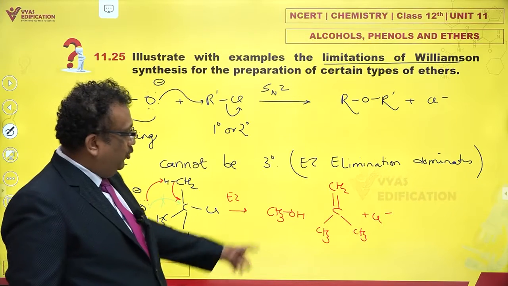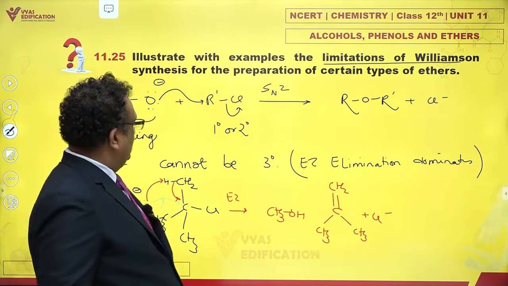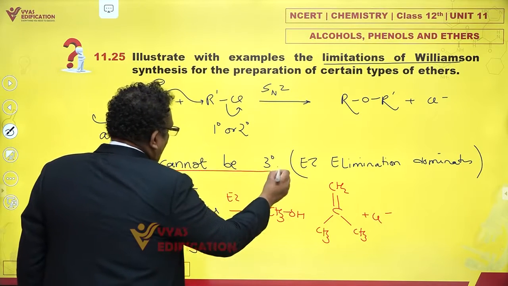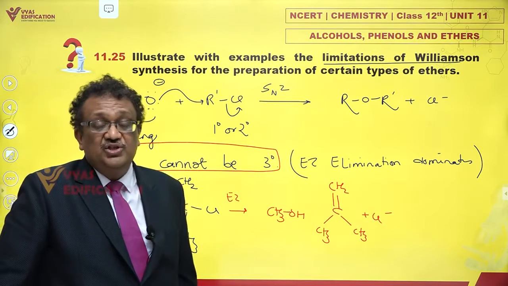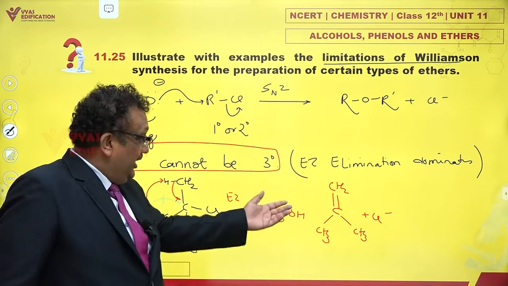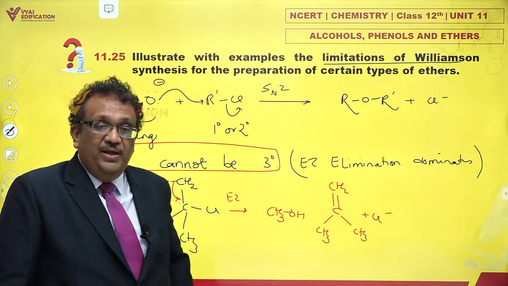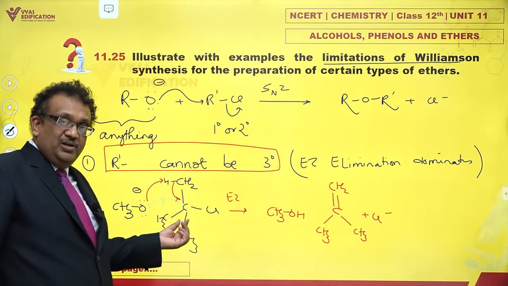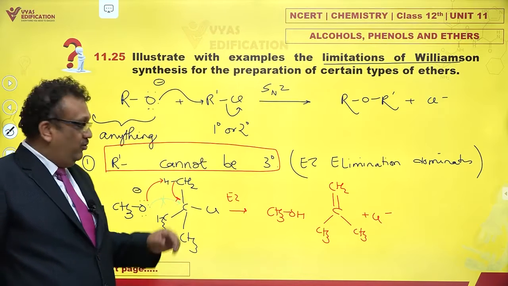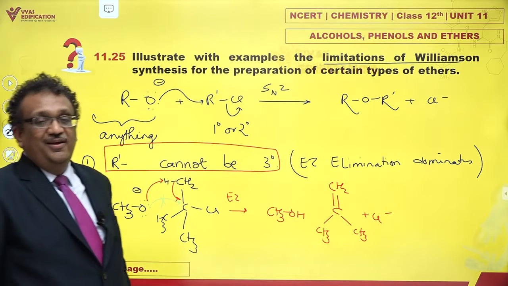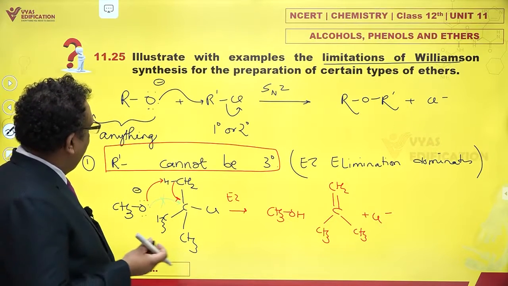And unfortunately, you don't get an ether, you get an alkene as the major product. So, R dash cannot be tertiary. Because if you use tertiary alkyl halide, you would get alkene as the major product and never an ether. Reason being, steric crowding around tertiary carbon atom does not allow an easy approach of nucleophile on tertiary carbon. This is the first limitation.